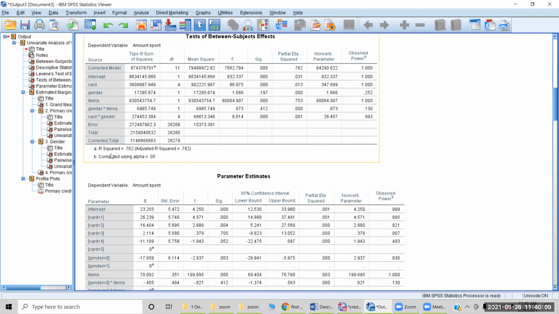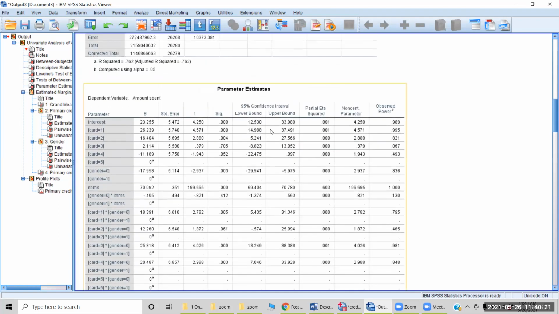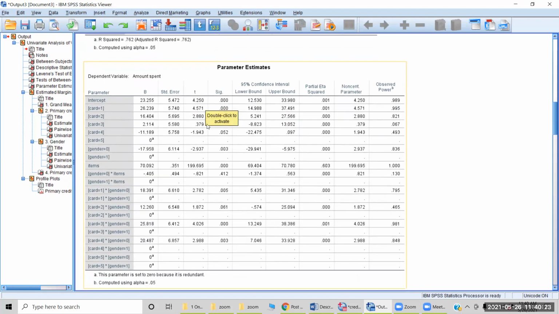And then the R square value, adjusted R square value again, 76.2%, which means 76.2% of the variation in spending is explained by the independent variables included in the model. And the parameter estimates here, individual significance. We look at T stats.